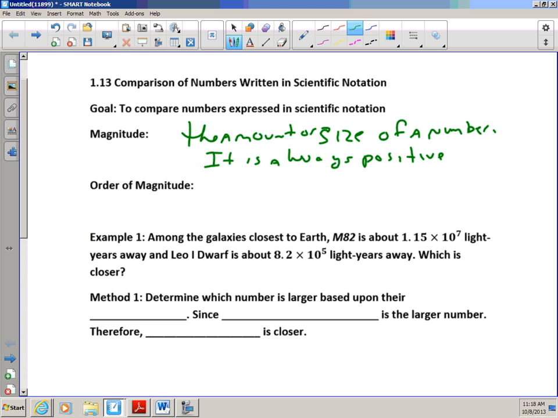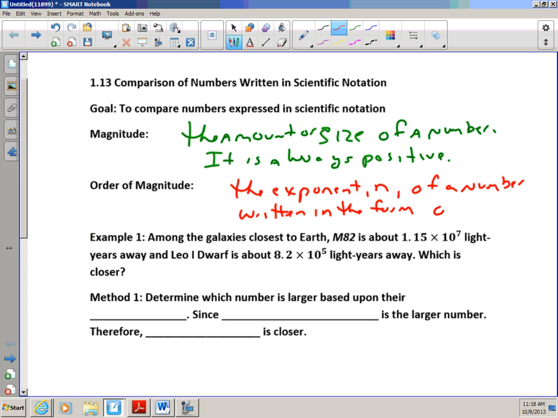The order of magnitude, which is part of what we're going to be using here today, is the exponent n of a number written in the form a times 10 to the nth power, or scientific notation.